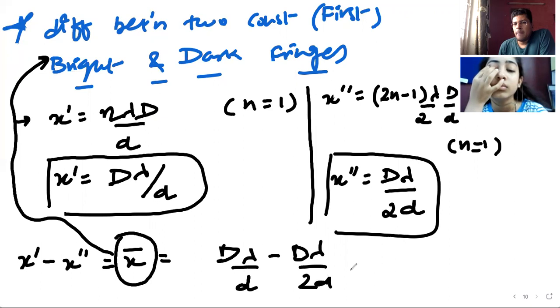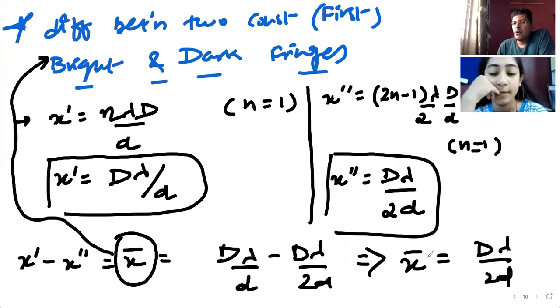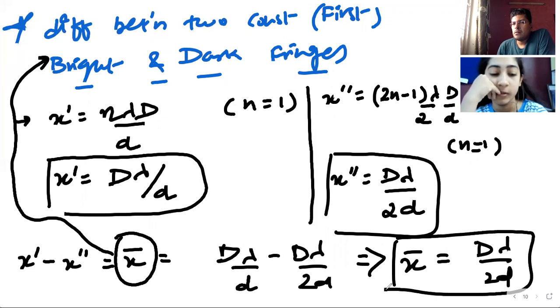So I can say that the difference between the two bright and dark fringes is D lambda divided by 2d. So this is the example's value. Sometimes theory can also ask: derive an expression for the distance between two consecutive dark and bright fringes.